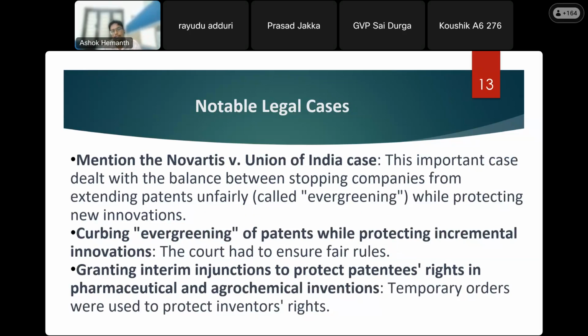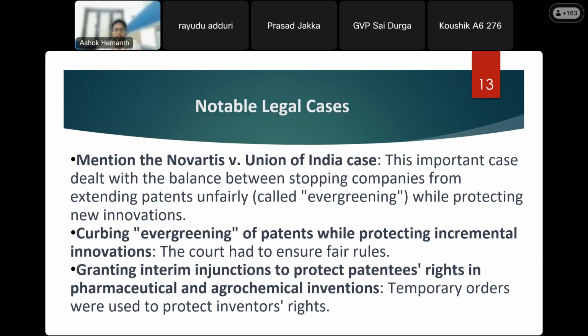After 20 years, if you come up with some incremental innovation, especially in the field of pharmaceuticals, as these pharma companies are doing, and again ask for the patent, if you keep asking continuously for patents, that is not good for society. This continuous process of patenting without sufficient efficacy, without being much useful to society, is called evergreening.